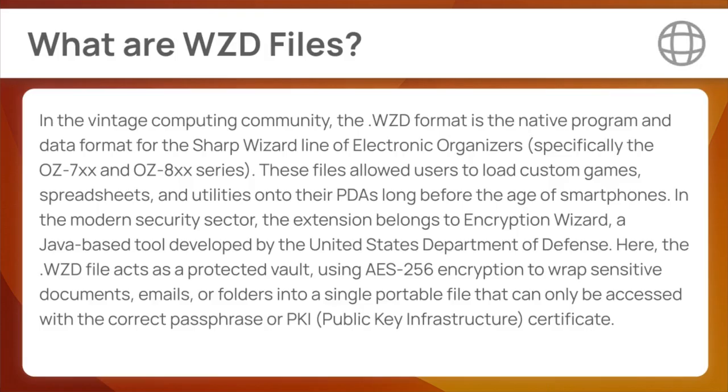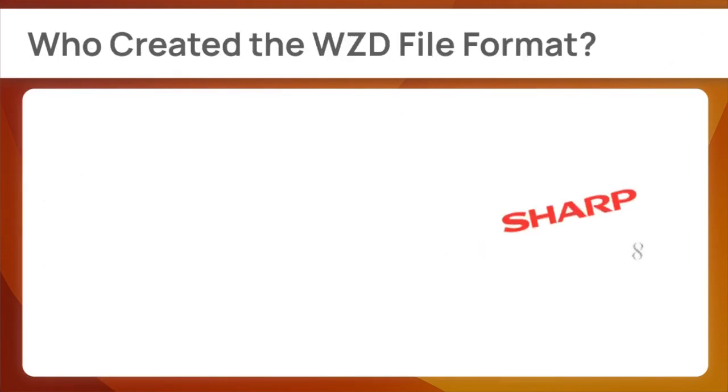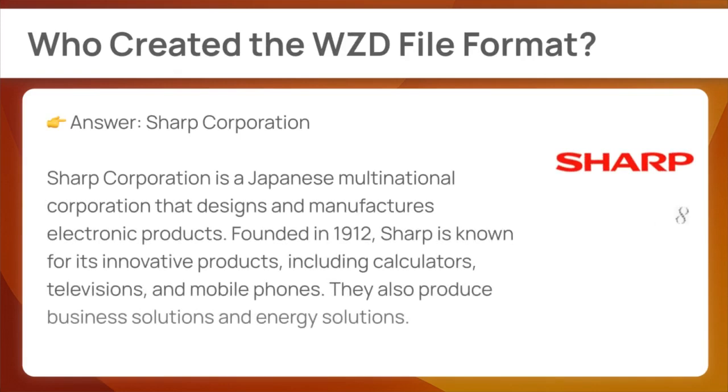In the modern security sector, the extension belongs to Encryption Wizard, a Java-based tool developed by the United States Department of Defense. Here, the WZD file acts as a protected vault using AES-256 encryption to wrap sensitive documents, emails, or folders into a single portable file that can only be accessed with the correct passphrase or PKI, Public Key Infrastructure Certificate.